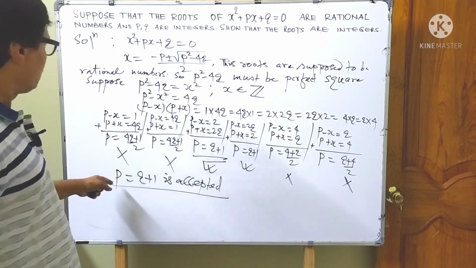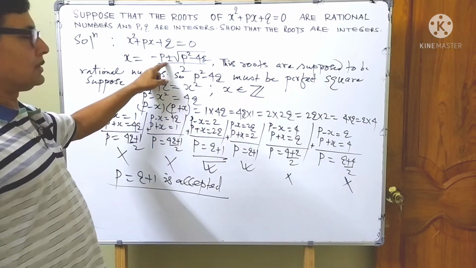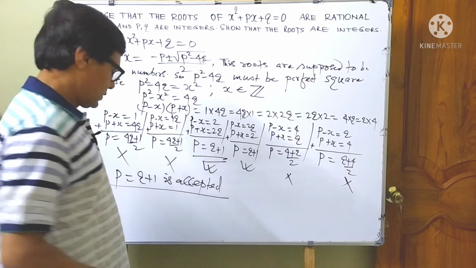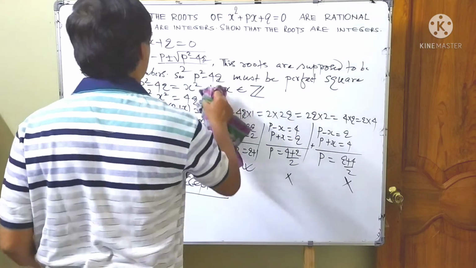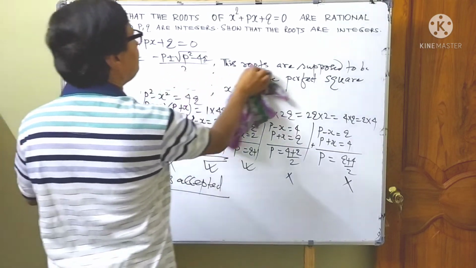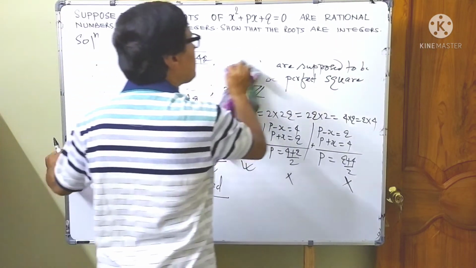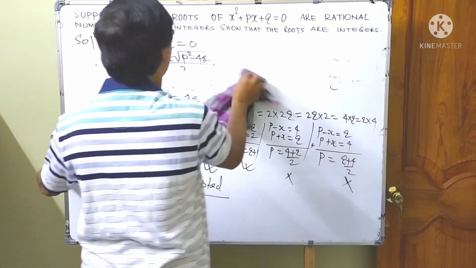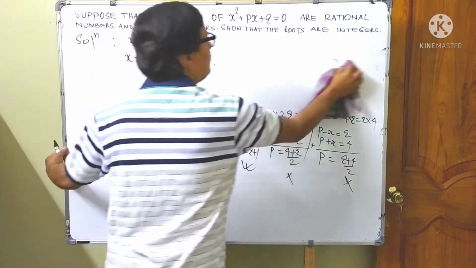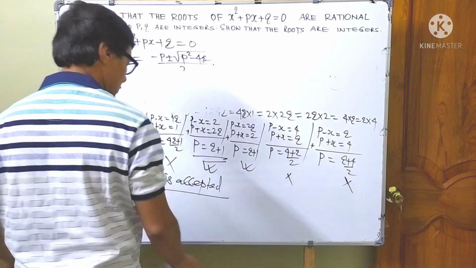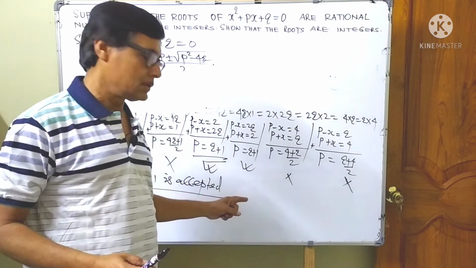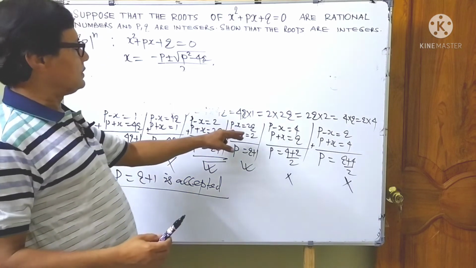Now we can put this relation in this equation to get the value of x. We can apply p equal to q plus 1, which we got from these relations.